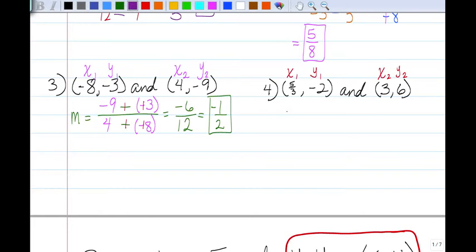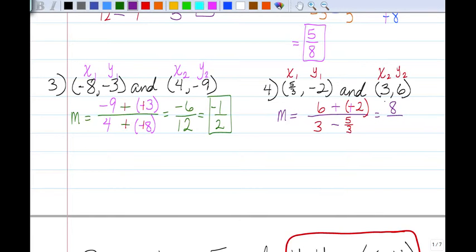And so then we're going to do m equals 6 minus negative 2 over 3 minus 5/3. Minus a negative becomes a plus. So that's 6 plus 2, which is 8.